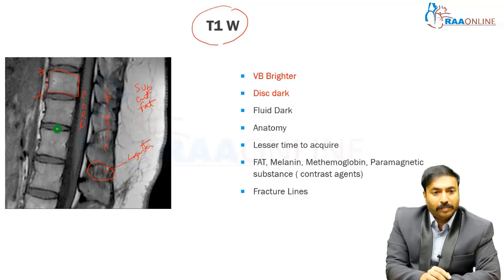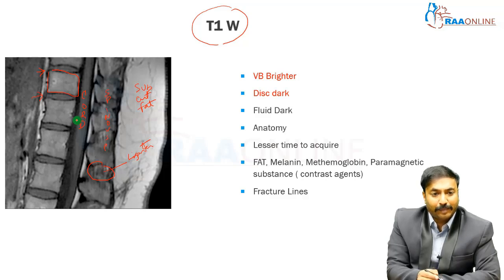Now T1 is an excellent anatomical scan where you can see all the anatomy very clearly. It takes less time to acquire, because the repetition time as well as the echo time is shorter for T1 weighted images.